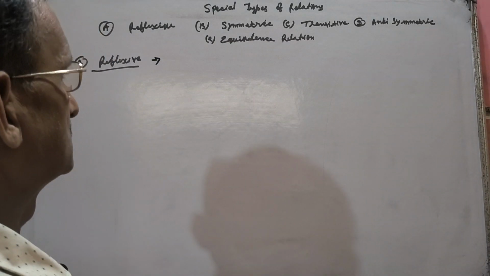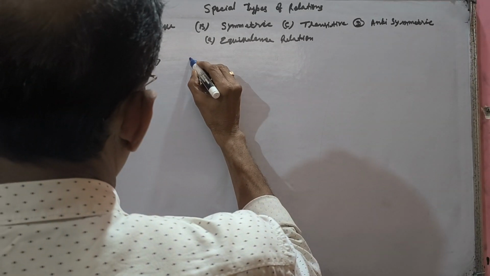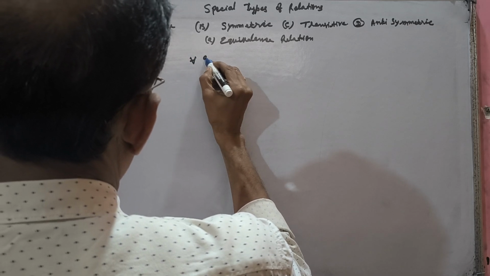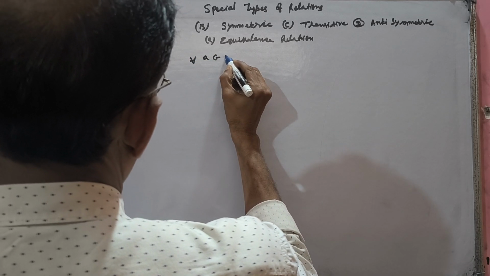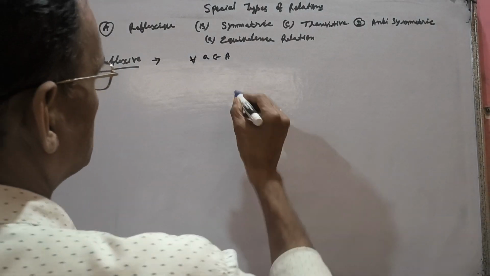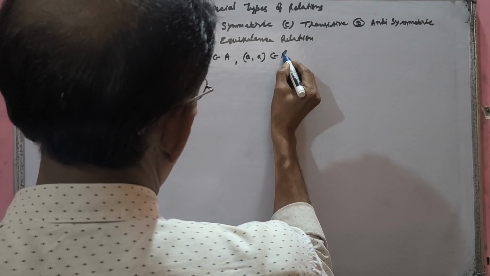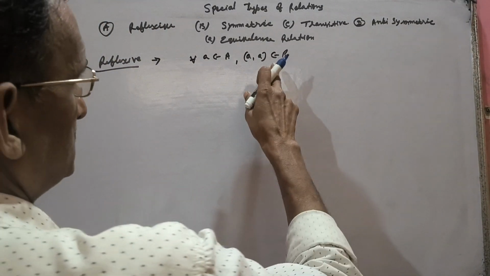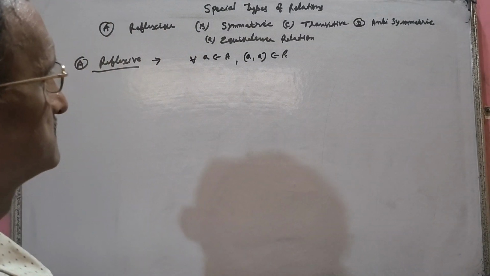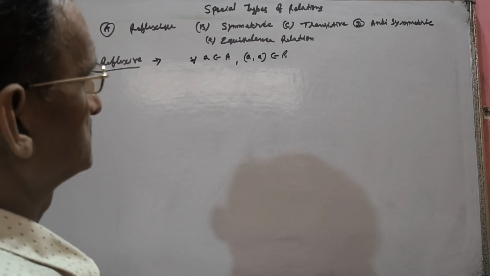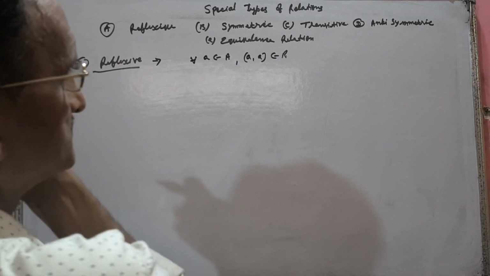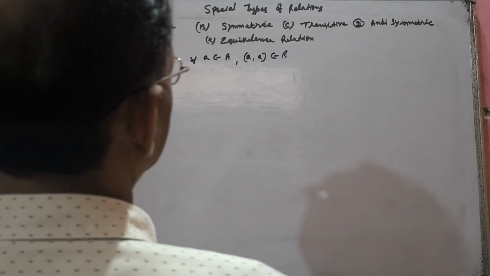Just a simple one, you know. If for every a belongs to A, the ordered pair (a, a) belongs to R, then R is called a reflexive relation. Understood?